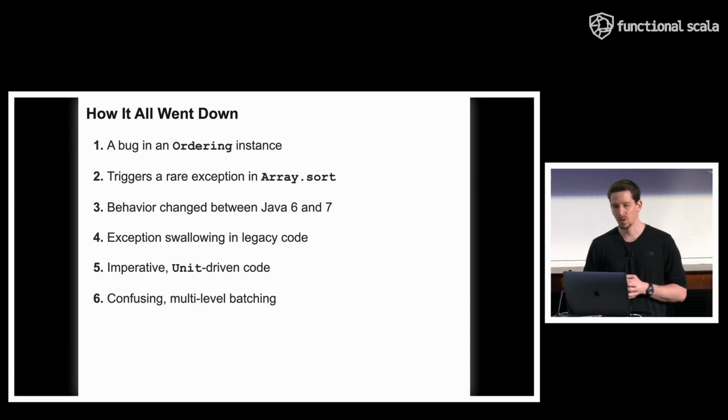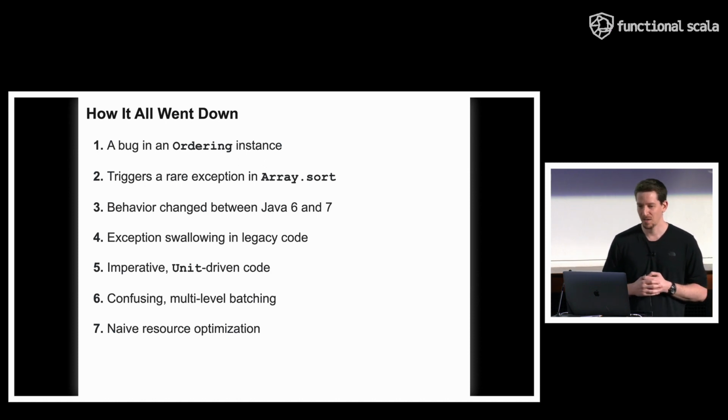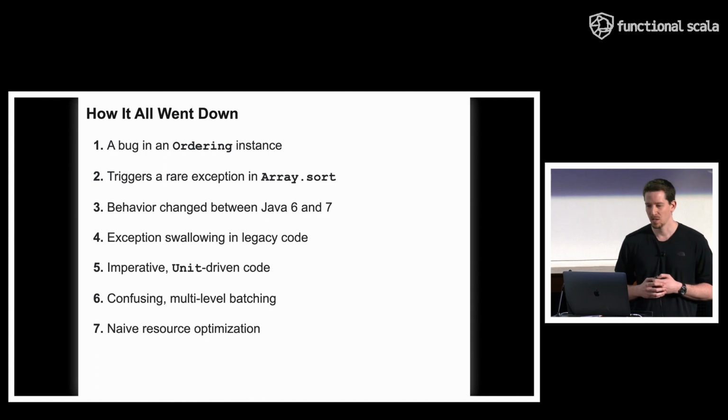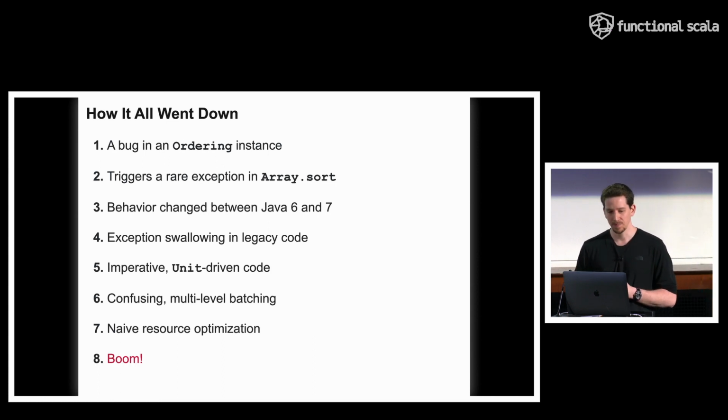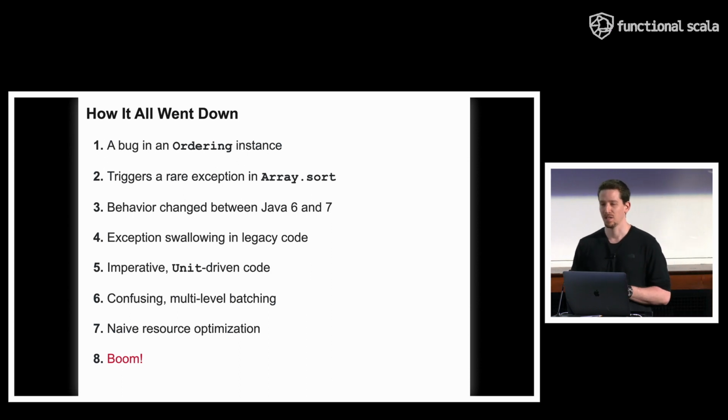And with more layers of obfuscation due to weird batching, because streaming is not a thing that we can use apparently. It's as if someone kind of tried to obfuscate the code on purpose. Obviously not me and not for this presentation. And then we applied a rather naive way to optimize our resources, which got lost in all the badly written code. And the result was this long-winded bug we finally figured out.